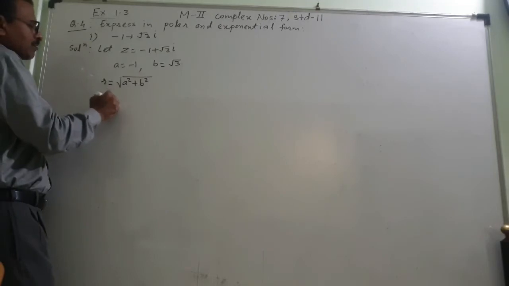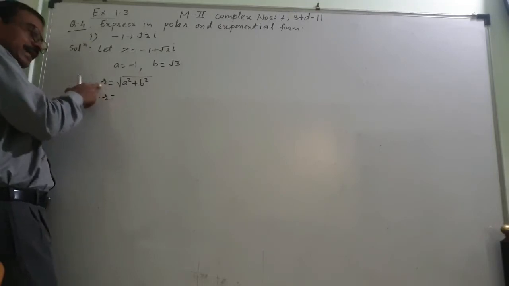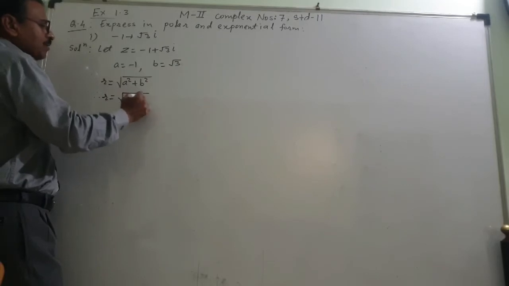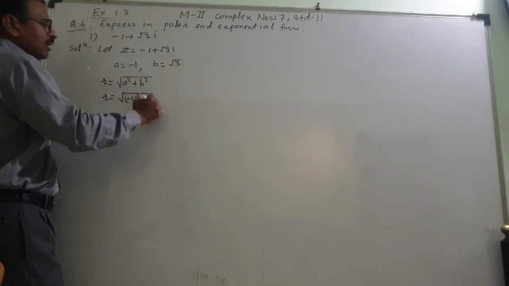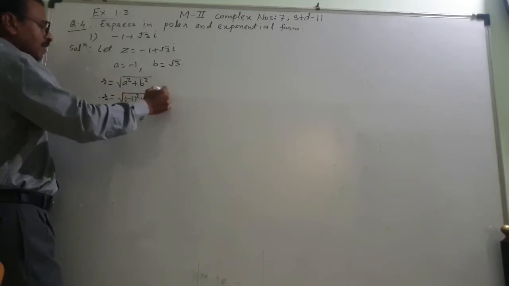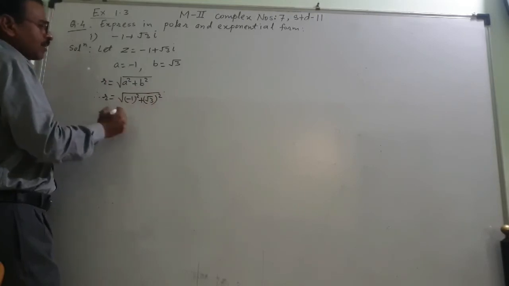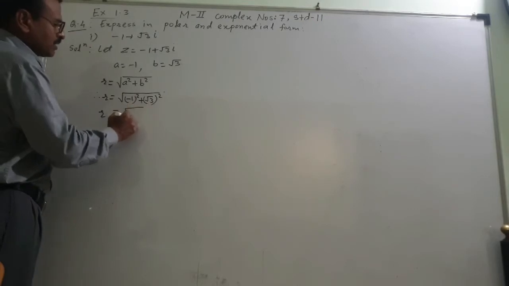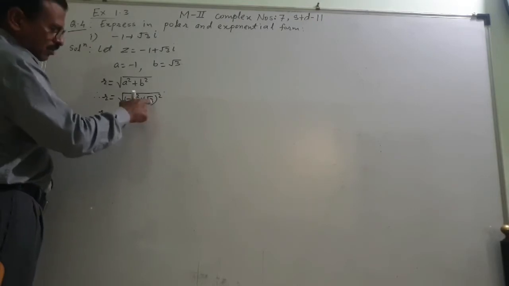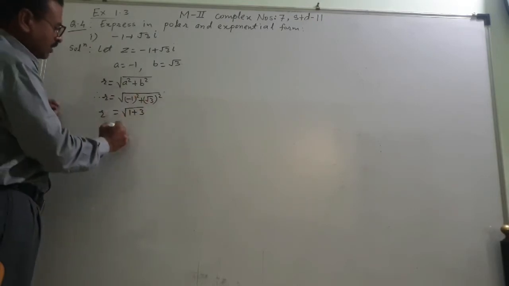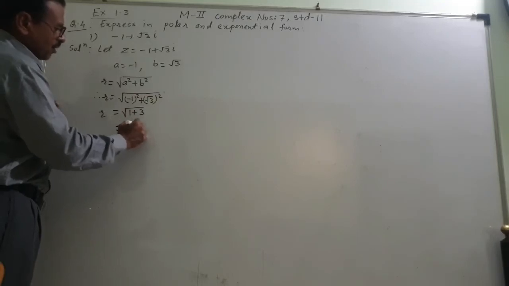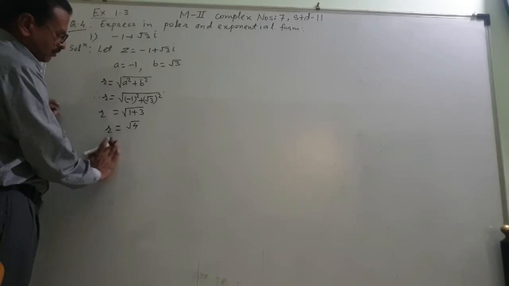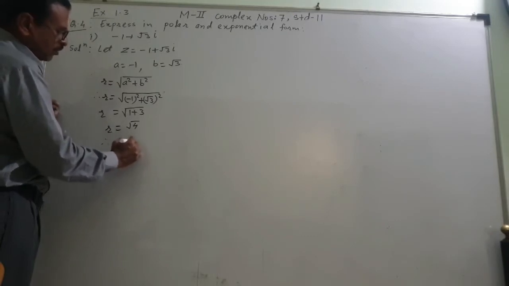Therefore, r is equal to, this you can write as mod z also, minus 1 square plus root 3 square. So that is r is equal to 1 square is 1. Root 3 square is 3. 1 plus 3. So that is equal to root 4. Therefore r is equal to 2.